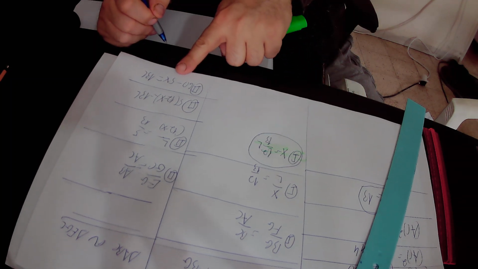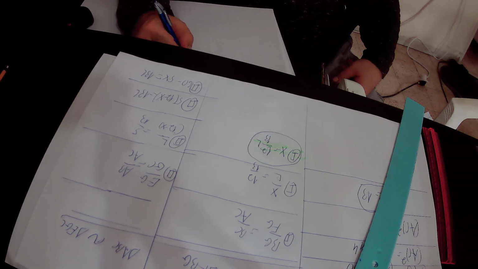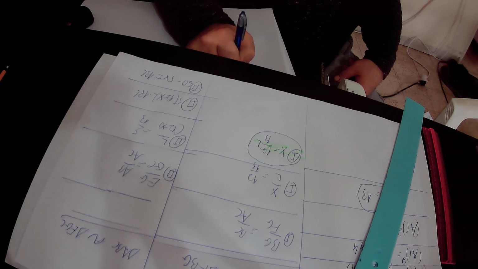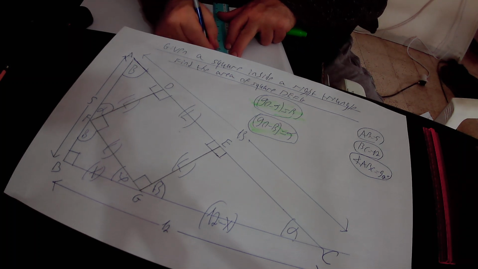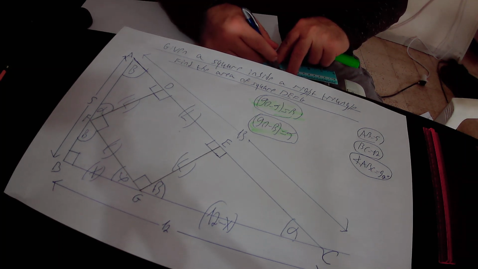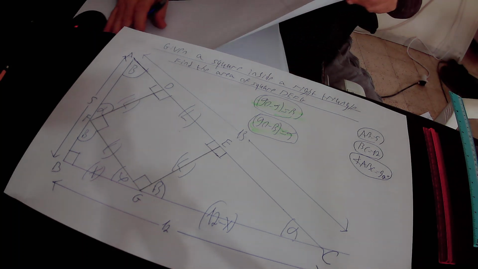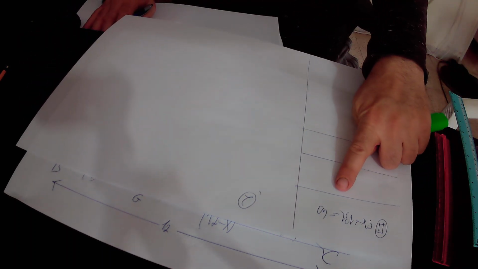Here we add 5x to this equation, and we get 5x plus 13L equals 60.